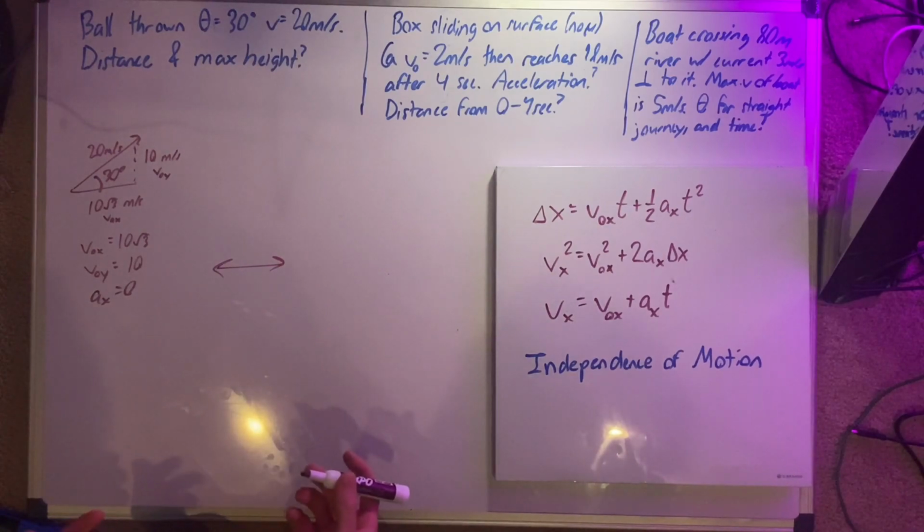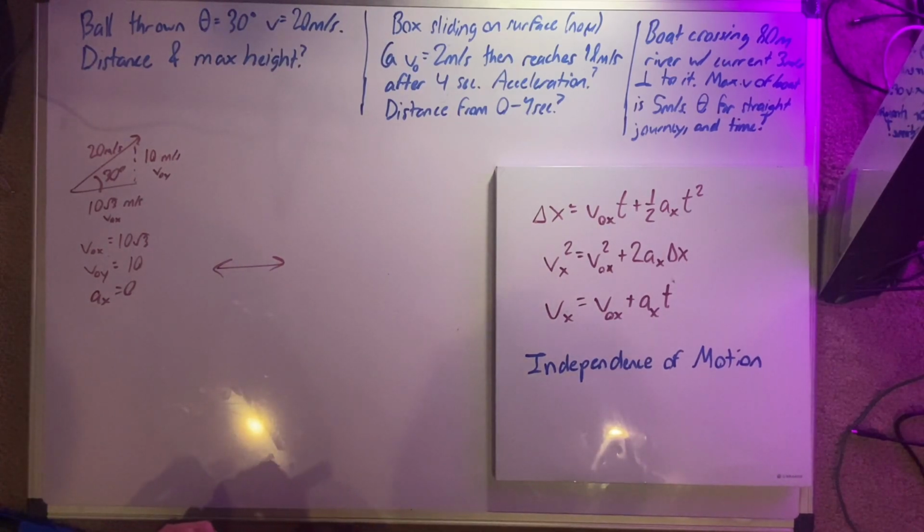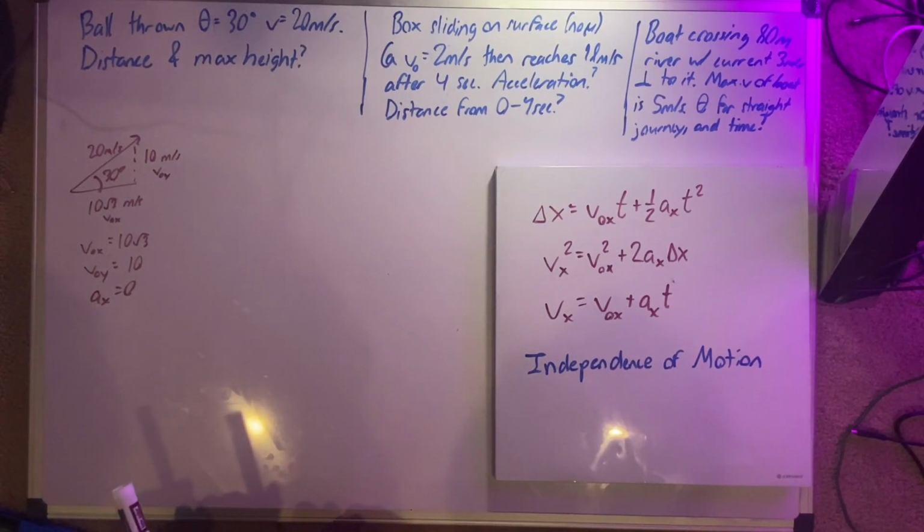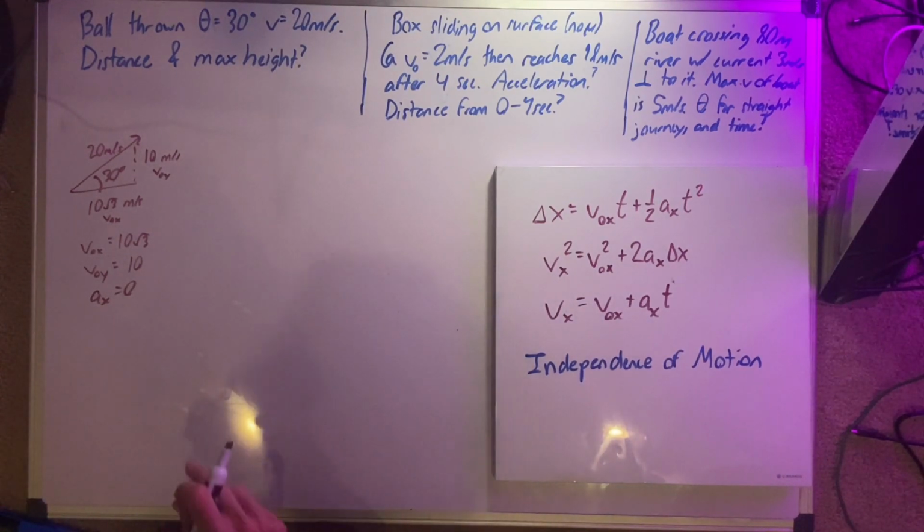If this said there was wind, sure, it would, and then they would tell us what the acceleration due to that wind is. But because we don't say that, and because we're going to assume negligible air resistance, because air resistance involves calculus that we don't want to do, it is equal to 0.